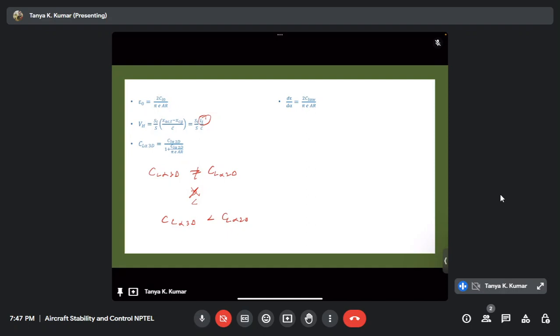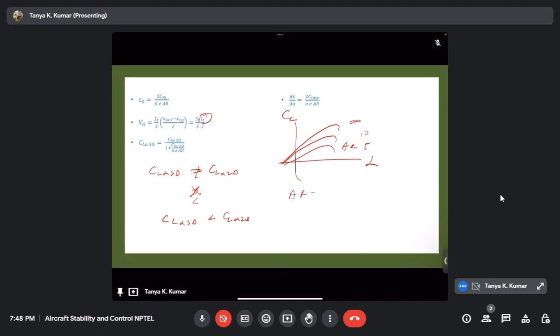Okay, so do you remember this graph, CL versus alpha? It was like this. This was for aspect ratio, say 5, 10, infinite. What does infinite aspect ratio mean? What was the formula for aspect ratio? B square by S. Yes?